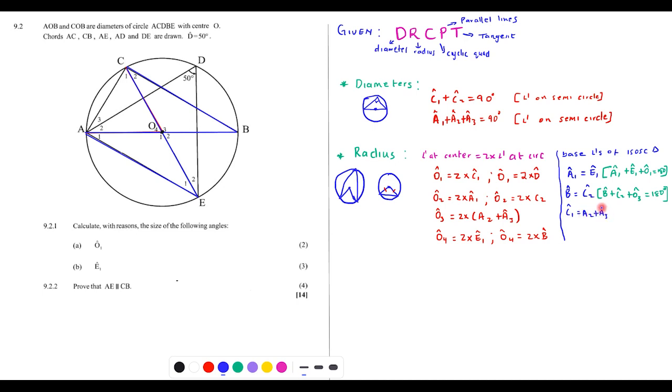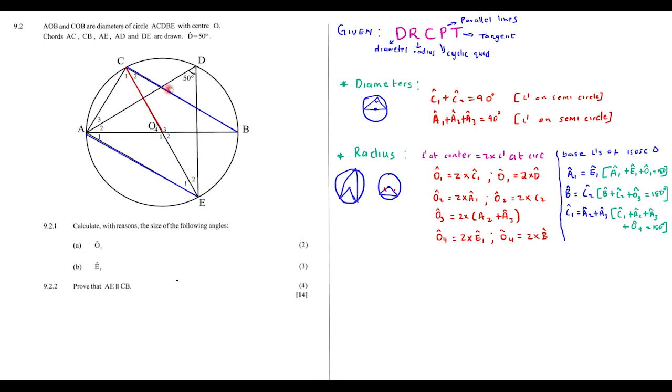Or you can say we can find this by also doing this, plus O4 equals 180, like that. All right, so now we're done with the radius. We found all the angles that we were supposed to find based on the radius. Now we're going to move on and see the next step.